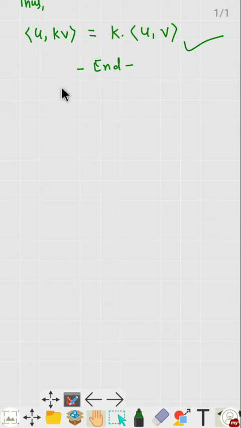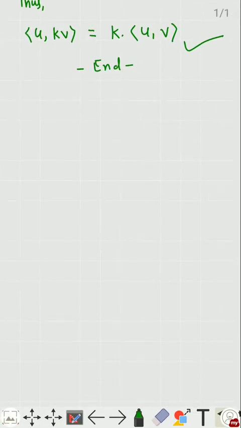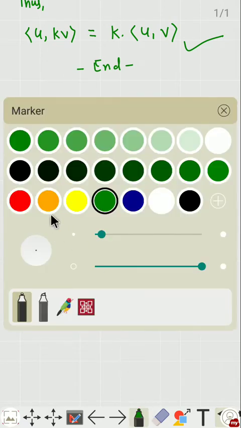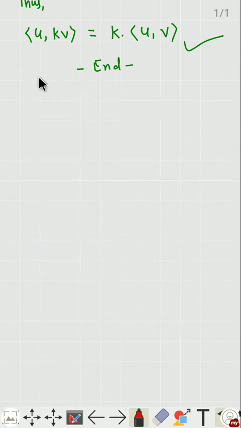Now let us go to the next definition: norm of a vector. Let us define.